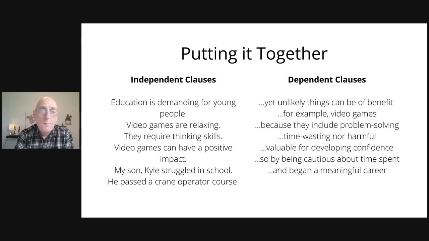I could say something like, if I want to add a dependent clause to video games can have a positive impact. Why? Because they include problem solving. Or if I want to say something else, I could say video games can have a positive impact because they're valuable for developing confidence.